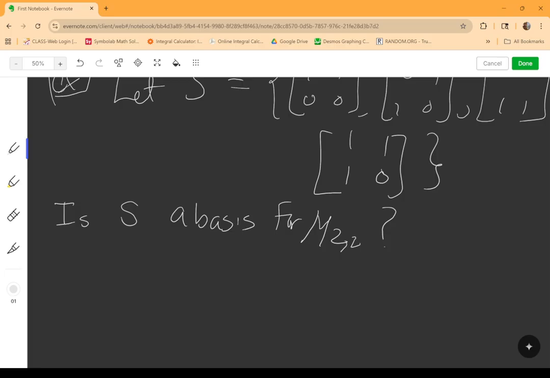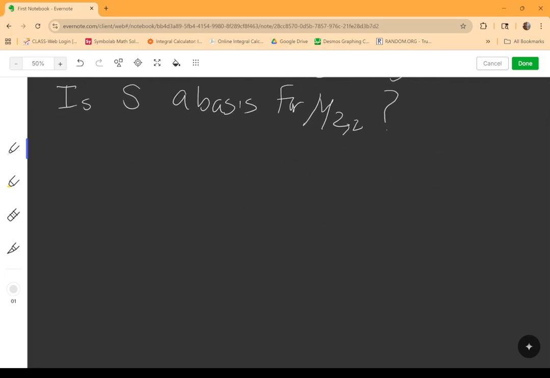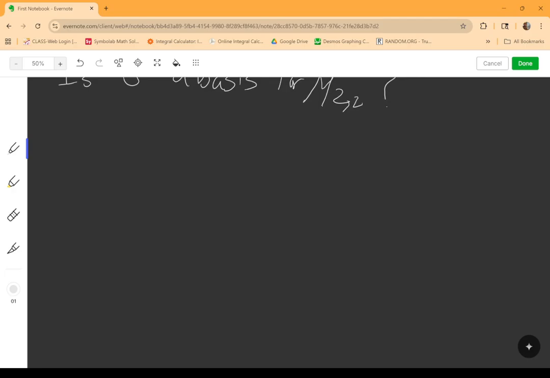Let's answer the question of, does it span M 2 by 2? And then we'll answer the second part, the linear independence part, next. All right, now we start by setting up our linear combination.